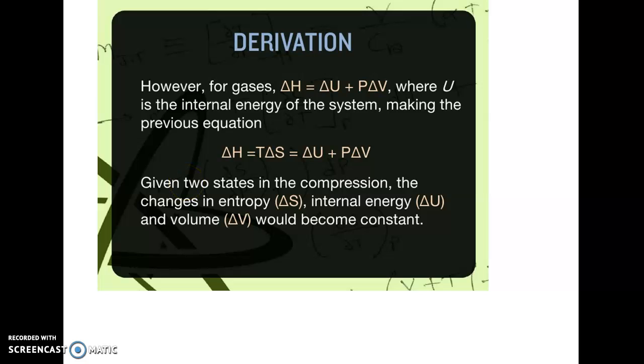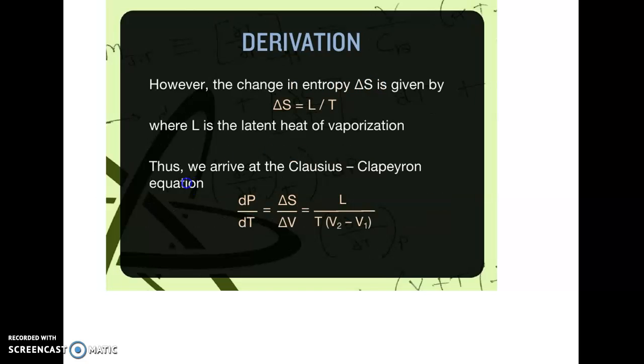If we take the two states in the compression, then the changes in entropy delta S, internal energy delta U, and volume delta V would become constant. The change in entropy delta S is given by L upon T, where L is the latent heat of vaporization.